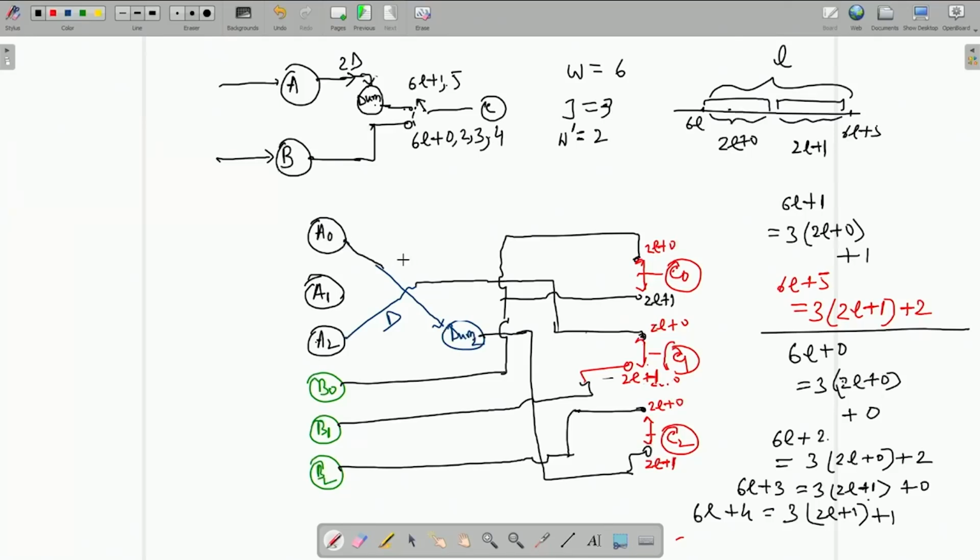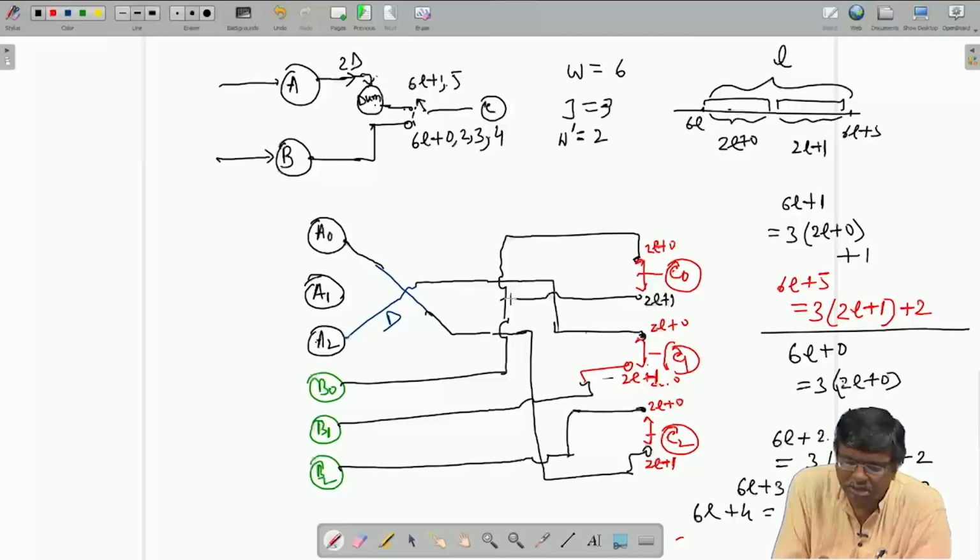So, this will be, again you just short it. Another interesting thing you see, B0 is connected to C0 in both 12 plus 0 cycle and 12 plus 1 cycle, in both the cycles. Okay, 12 plus 0 and 12 plus 1. That means it is always connected.